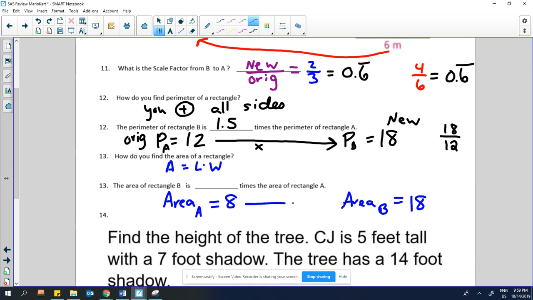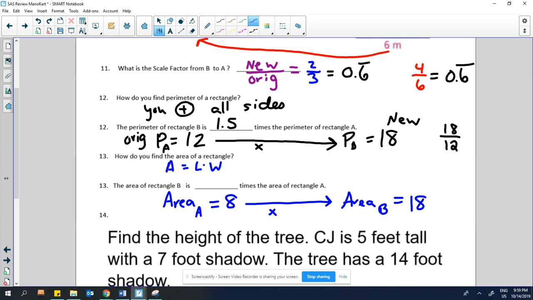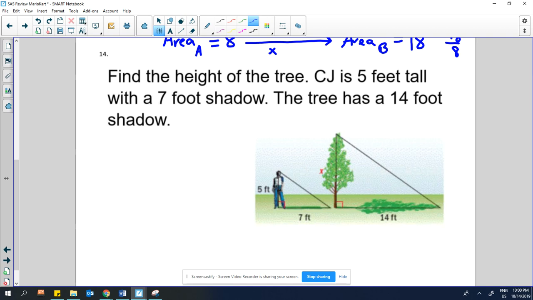So you're going to figure out how many times greater 18 is than 8. New divided by original. All right, so 18 divided by 8 is going to be 2.25 times greater.